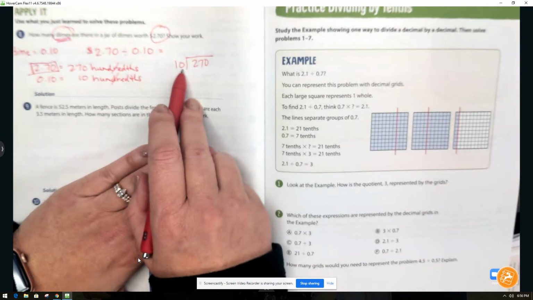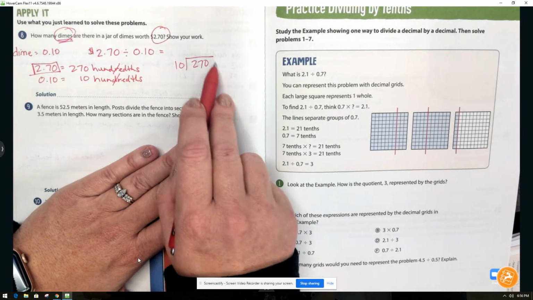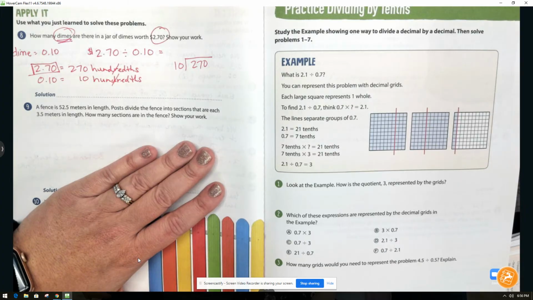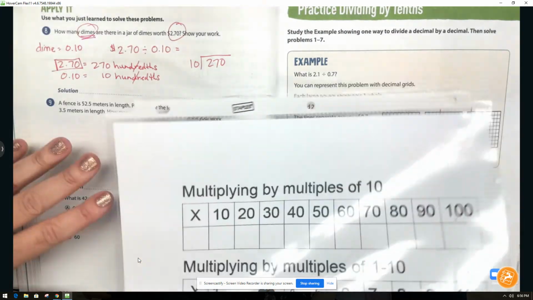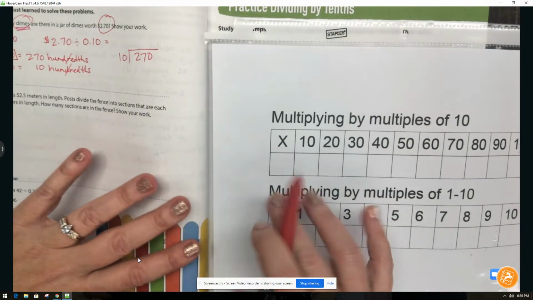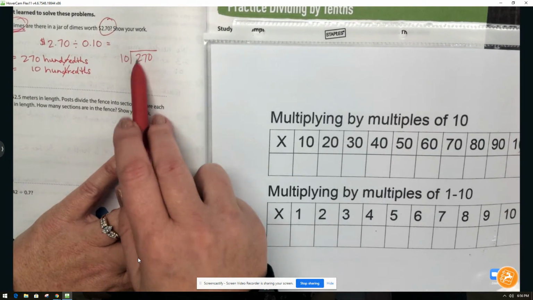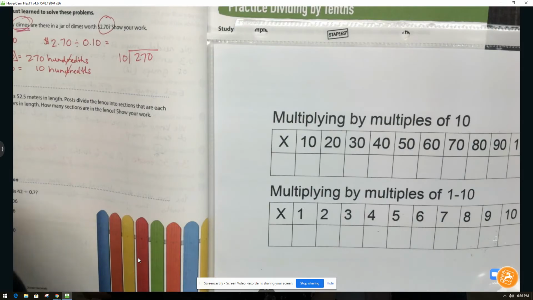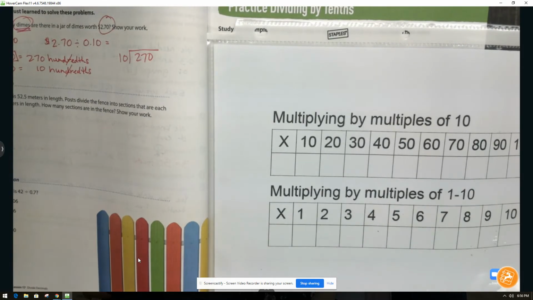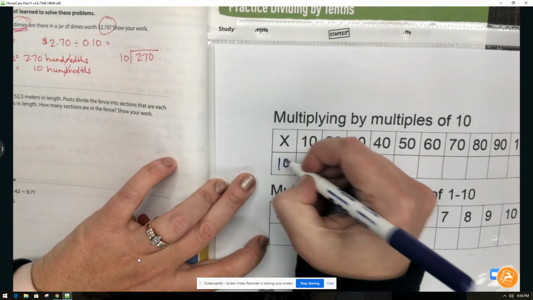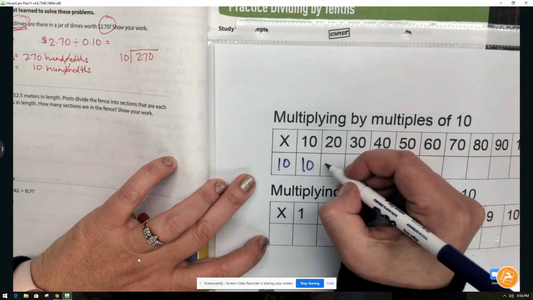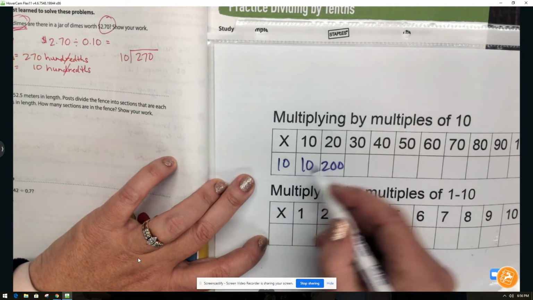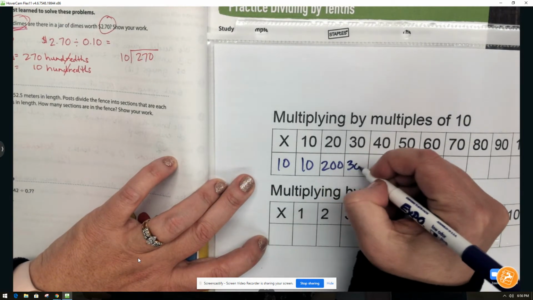Well, how many groups of 10 can go into 270 without going over? So let's use our multiplication chart to see how many multiples of 10 go into 270 without going over. 10 times 10 is 100. 10 times 20 is 200. 10 times 30 is 300.